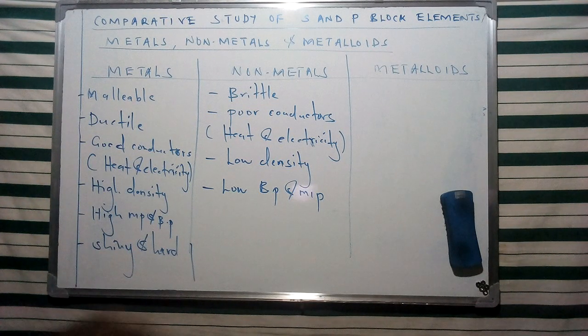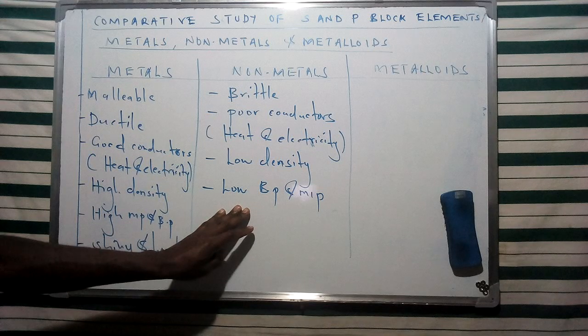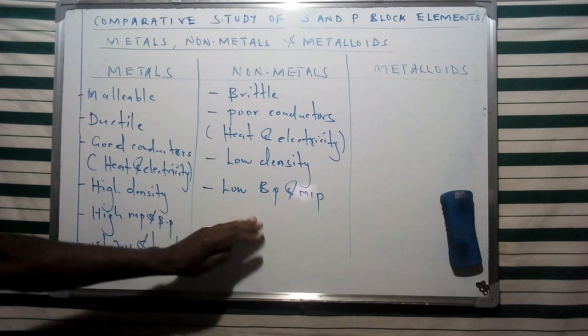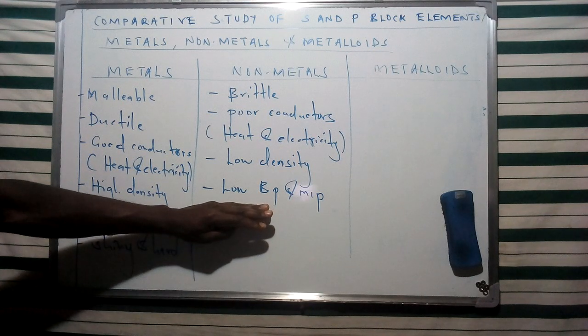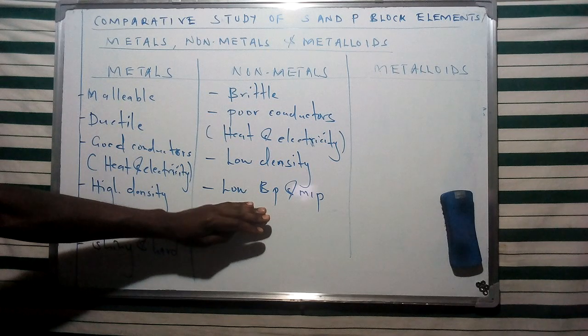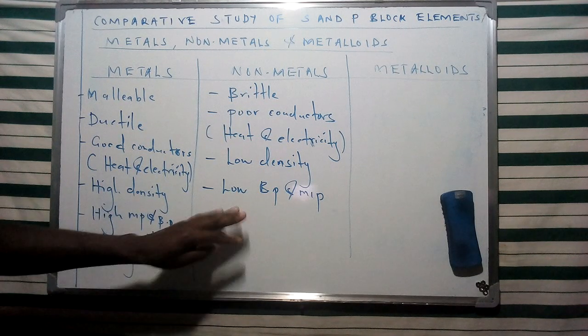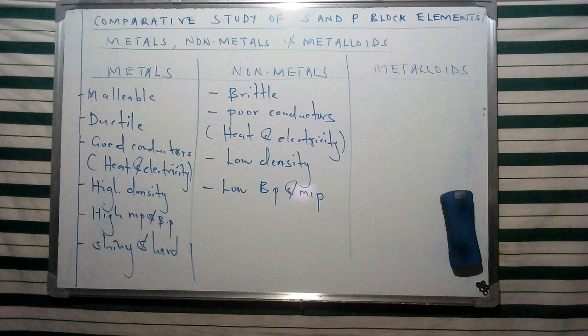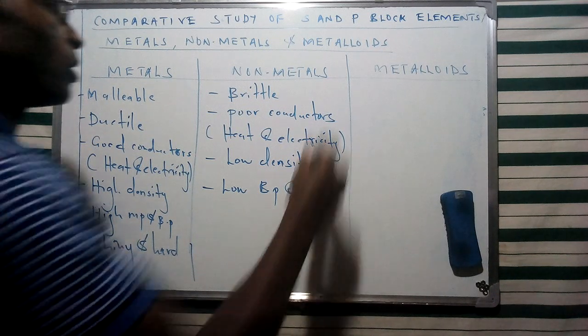And as we're going to see, a variety of elements in the periodic table of this non-metallic category are going to fall under the classification of gases, like nitrogen, oxygen, and other elements which we're going to see later, like chlorine, etc.